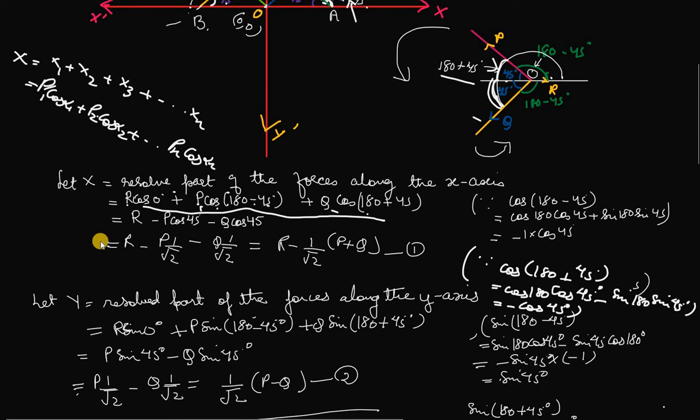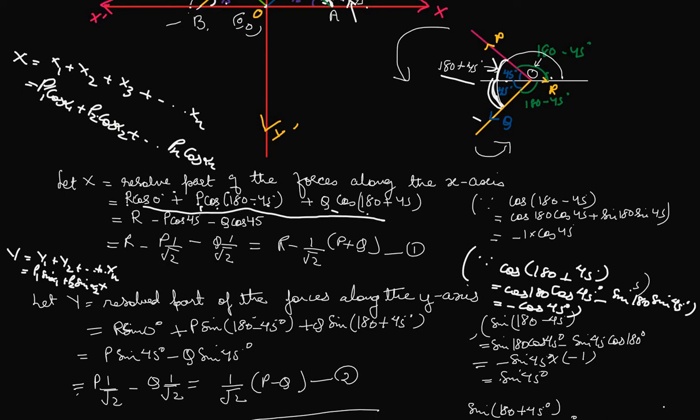Similarly, for the y, the resultant of all the forces, which we denote capital Y, the formula is Y equals y1 plus y2 plus so on, the component forces along the y-axis, which is equal to P1 sine alpha 1 plus P2 sine alpha 2 plus so on. Instead of cos you have sine.